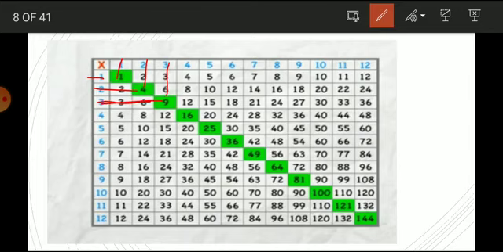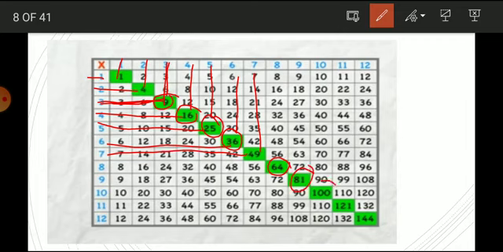If I take this number and multiply it by this number, these two numbers intersect at one box. This is called the square of the number. Here 4 and 4 meet at the 16 box. Similarly 5 into 5 is 25, 6 sixes are 36, 7 sevens are 49, 8 eights are 64, 9 nines are 81, 10 tens are 100, 11 elevens are 121, and 12 twelves are 144.